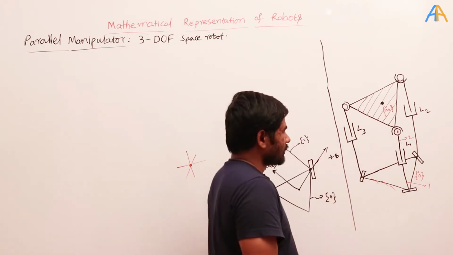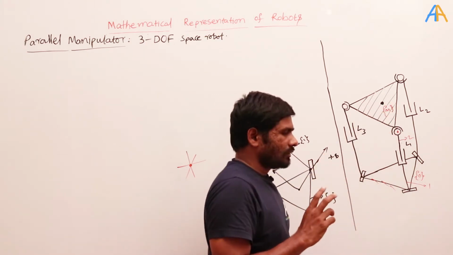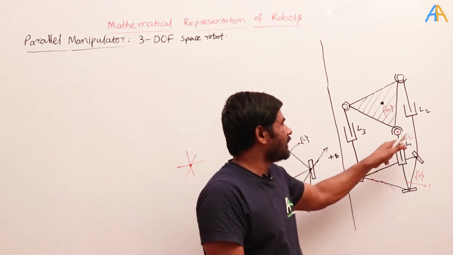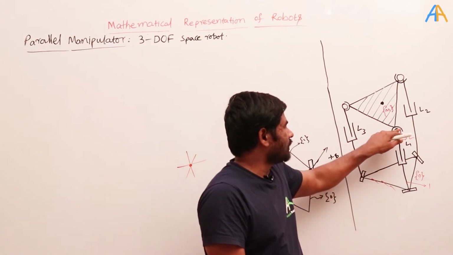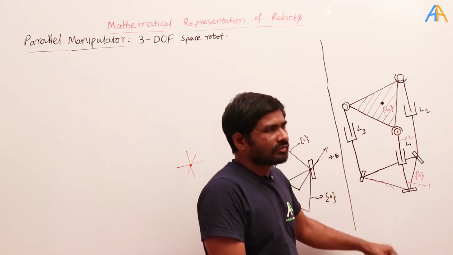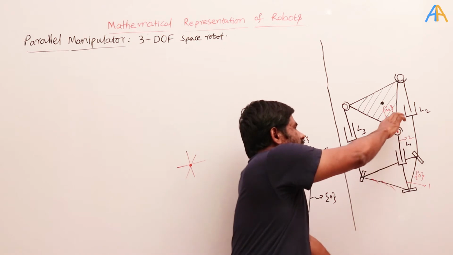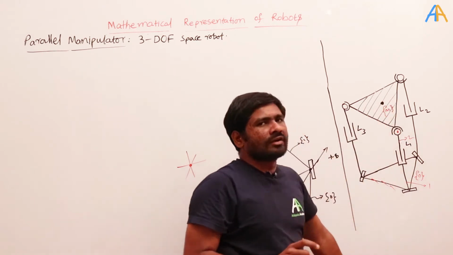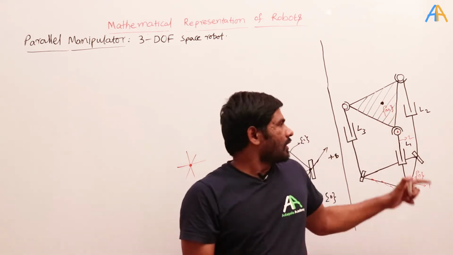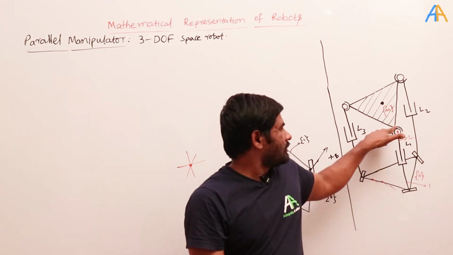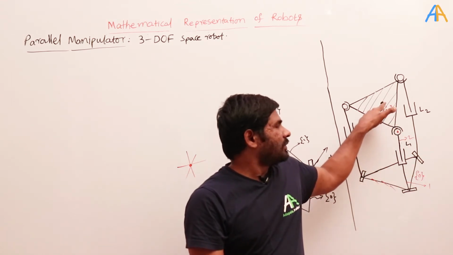What I try to do is find the position vector up to here, which is nothing but the corner of the moving platform. This portion I can find based on its geometry. If I know up to here, then from here I can find based on the geometry.